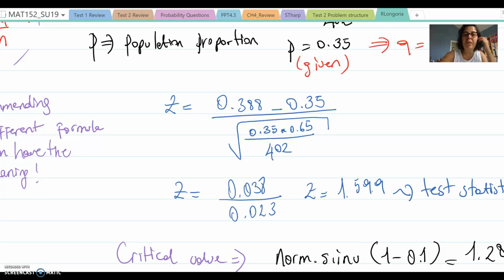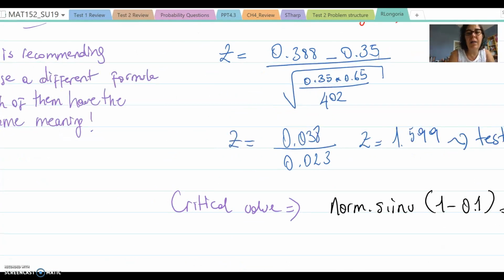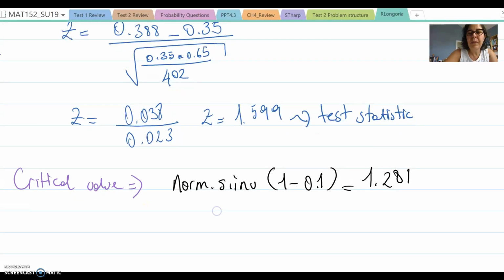Now we need to find the critical value depending on our alpha, right? I guess alpha in the problem is given as 0.1. So NORM.S.INV of 1 minus 0.1. So this will be our critical value.